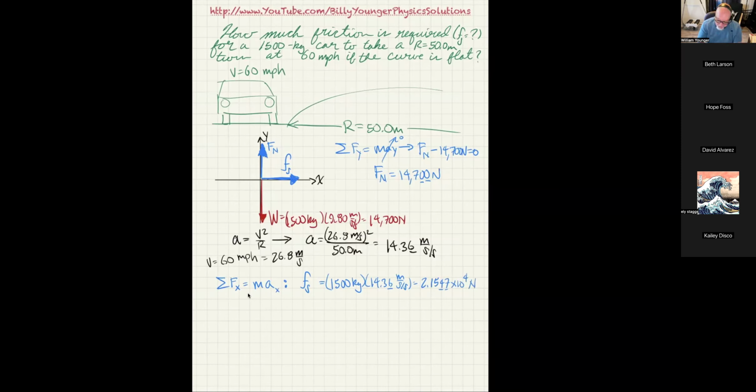So that's a pretty significant force. We can see now that the friction force required for the car to make that turn is basically 20,000 newtons. And if you divide that by 4, it gives you roughly what the force is in pounds. That's 5,400 pounds basically.